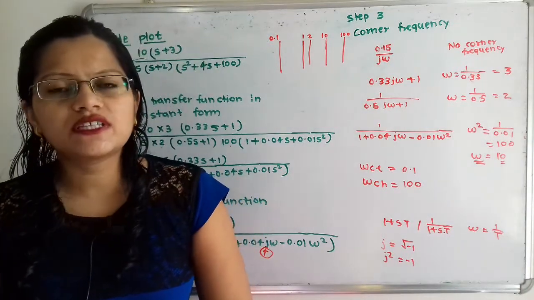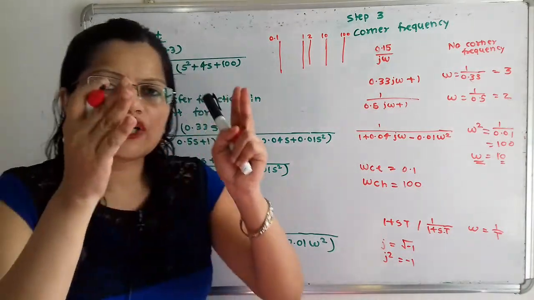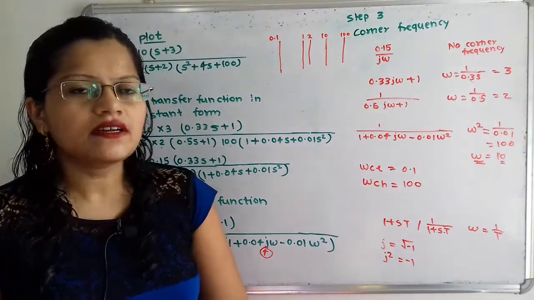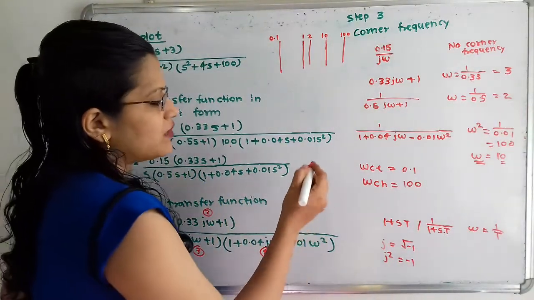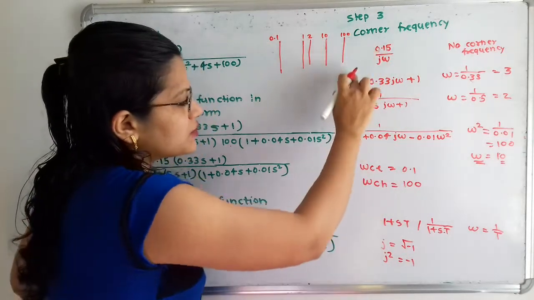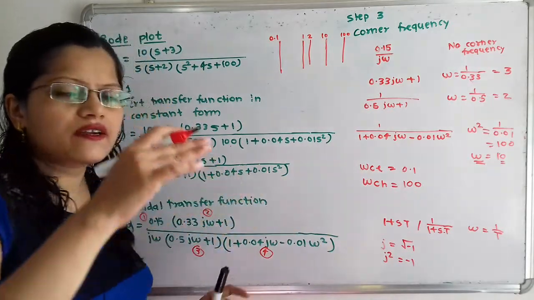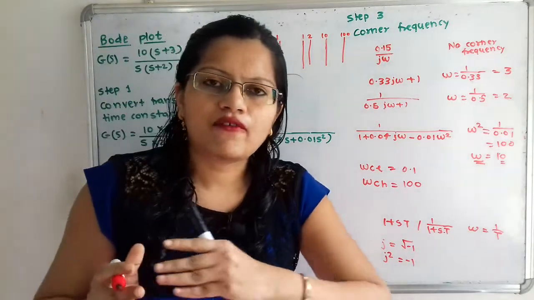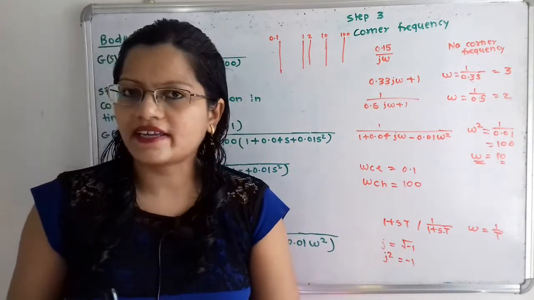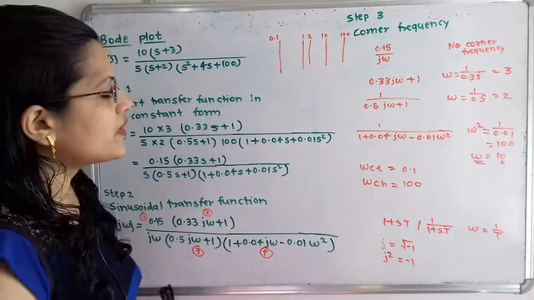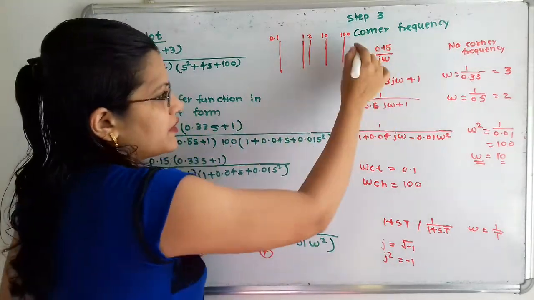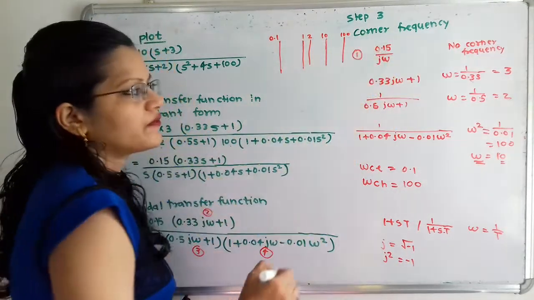Now we have to select one particular order. I will give the numbering here. If we select the lowest corner frequency as 0.1, then out of these 4 terms, we will follow one particular order from the lowest corner frequency to the highest corner frequency. First, we take the term with no corner frequency, and I will give it the number 1.